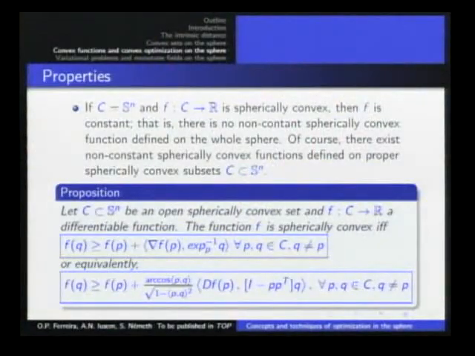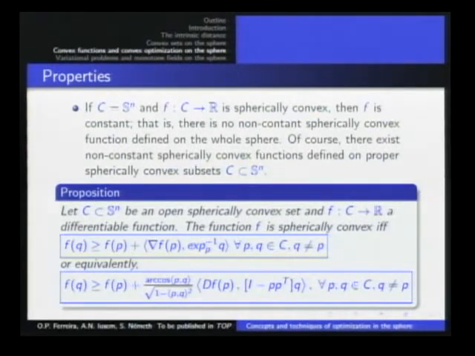So now I have the characterization, the usual gradient inequality for spherically convex functions, which says that f(q) is greater than or equal to f(p) plus the gradient of f at p times the inverse of the exponential mapping from p to q.